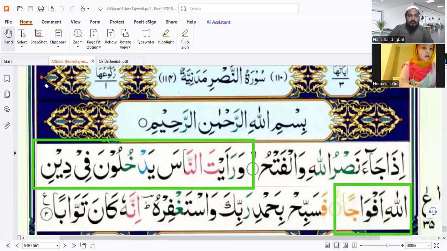ورأيت الناس يدخلون في دين الله أفواجا. Good, good, good. Repeat this ayat with fluency, more and more.